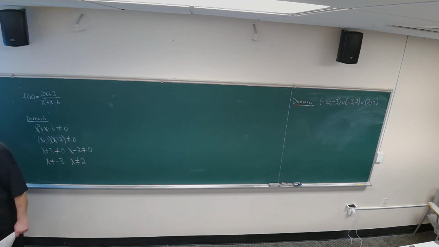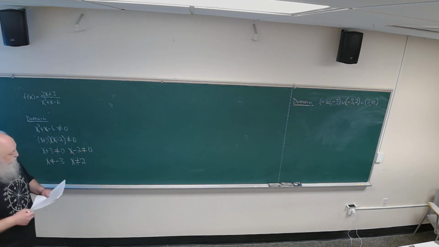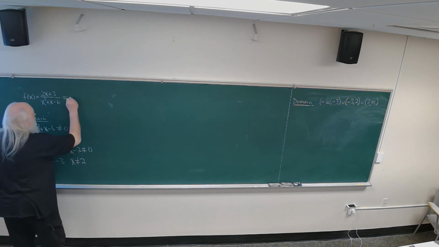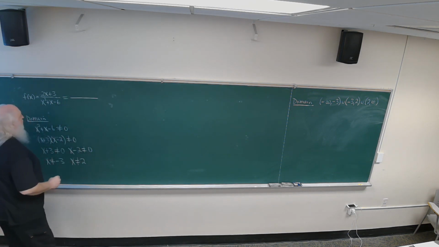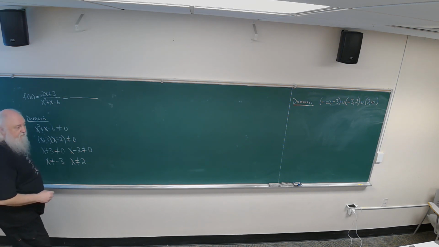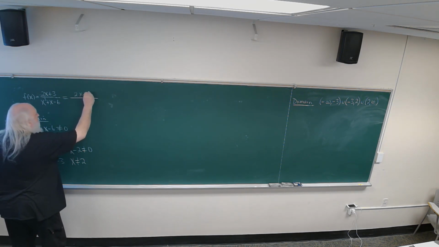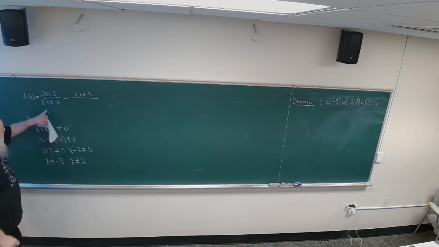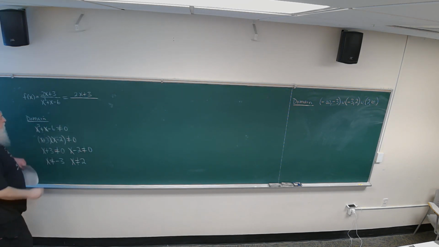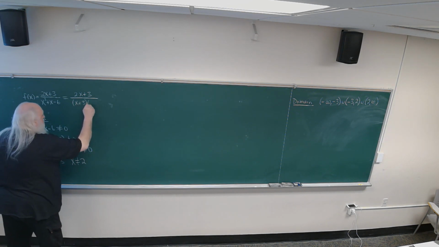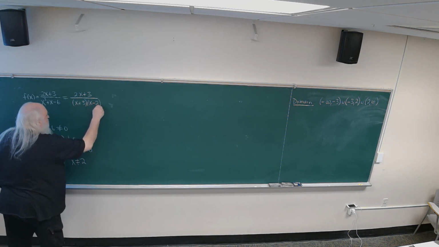Okay. Equations of the vertical asymptotes. First, before we get the equation of vertical asymptotes, we have to make sure we don't have any common factors in the numerator and denominator. Well, we know the denominator factors into (x + 3) times (x - 2).